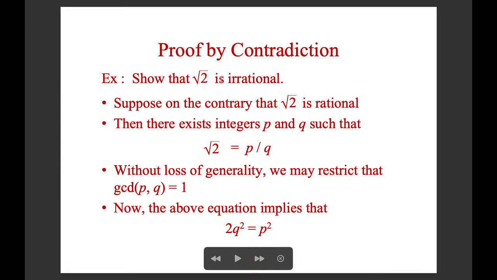So 3 is rational, because 3 can be expressed as 3 divided by 1. And 0.142857142857 and so on is also a rational number because it is equal to 1 over 7.